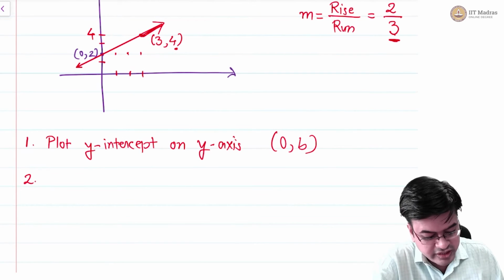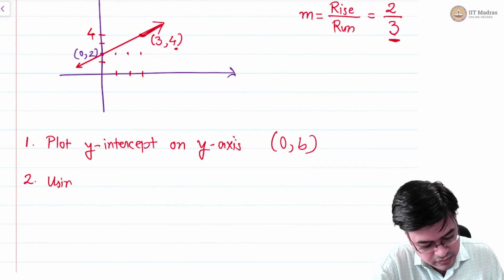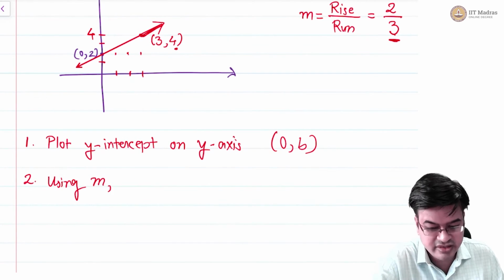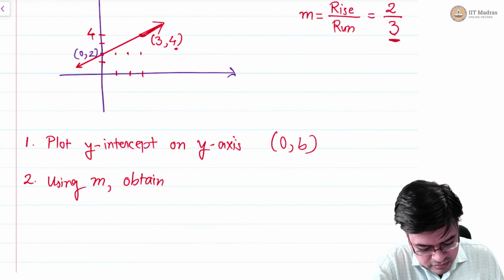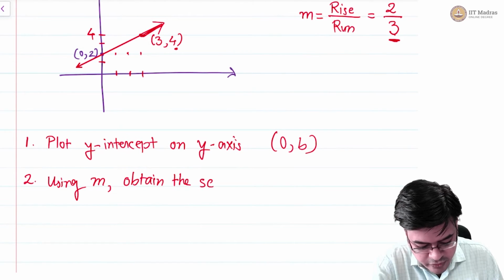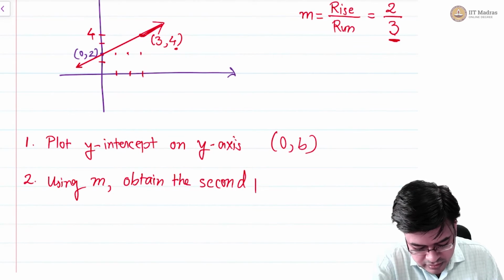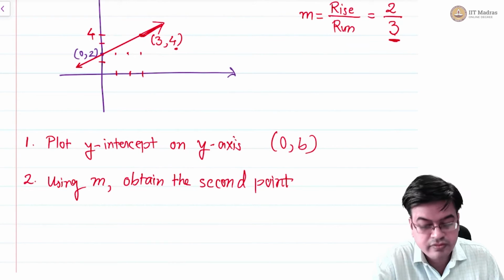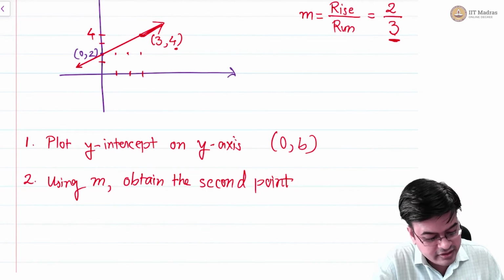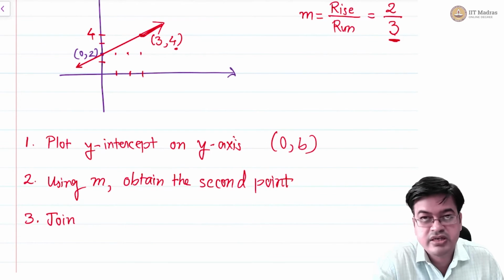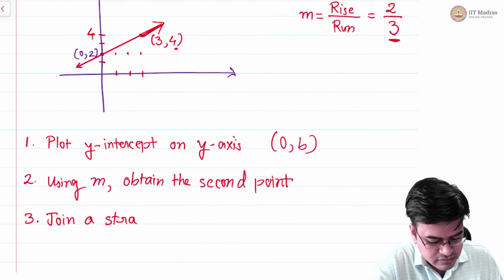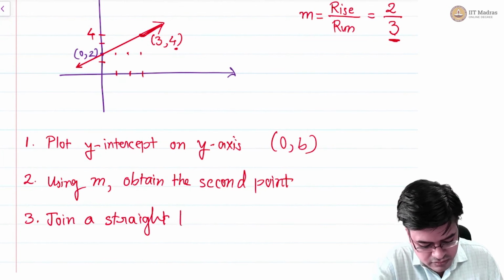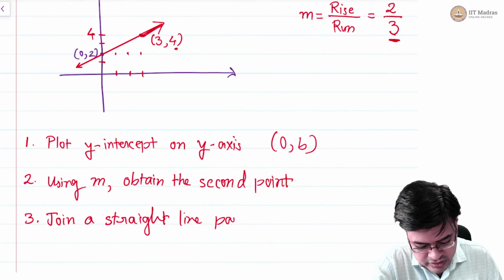Now using m, that is the rise by run ratio, obtain the second point on the graph paper. And then the final thing is elementary. Because 2 points uniquely determine a line, you join a straight line passing through these 2 points.